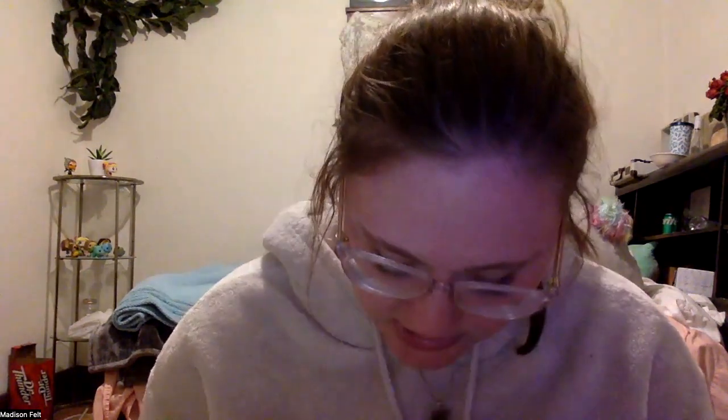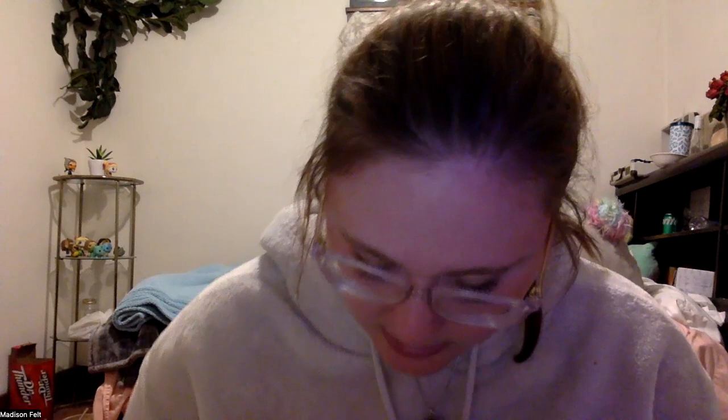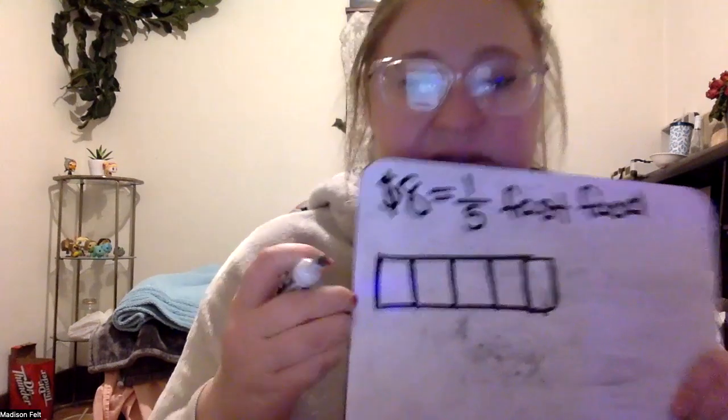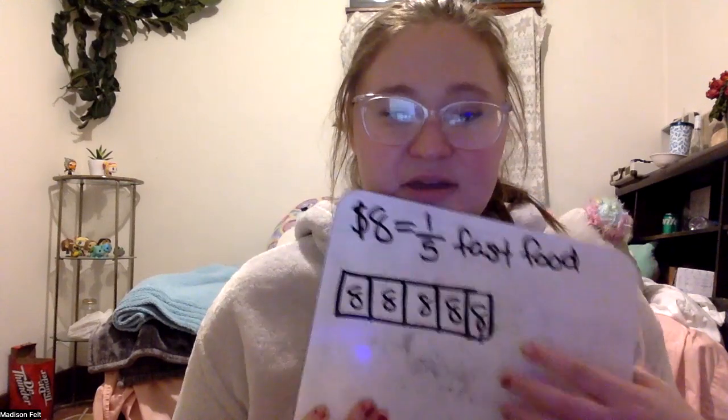So I've got that written down here. And what I'm going to do is make a fraction strip of 5. So 1, 2, 3, 4, 5. This is the amount spent on fast food here. That's all spent on fast food.